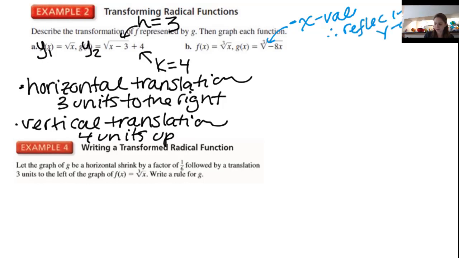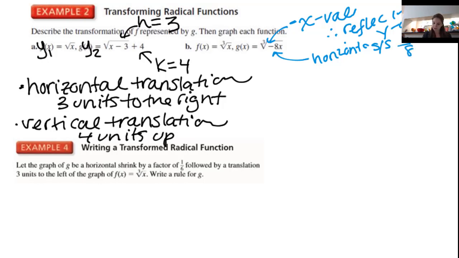And this 8 represents a horizontal stretch or shrink by a factor of the reciprocal of 8, which is 1/8.